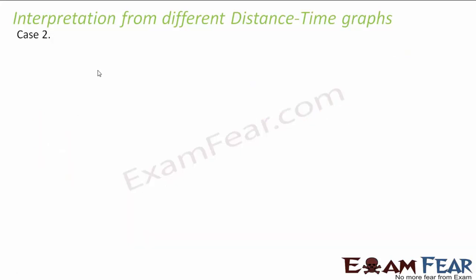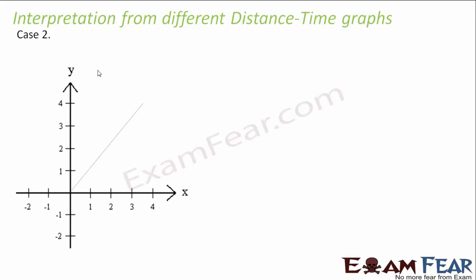Let us look at the second scenario. Here we have a plot like this. What do we see here? With increase in time, the distance also increases. In the first 1 hour, how much is the distance covered? 1 kilometer. In the second 1 hour, how much is the distance covered?